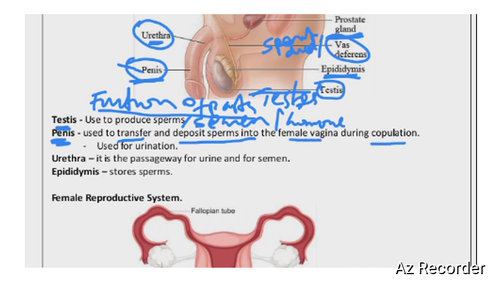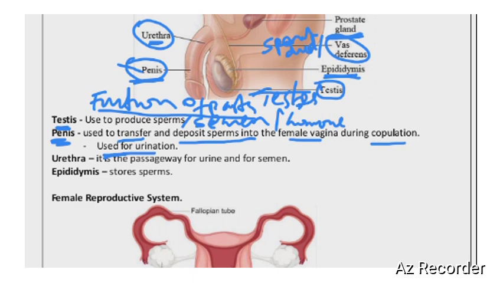Copulation is the process of having sexual intercourse. Another function is that it is used for urination. It allows urine to get outside of the body.